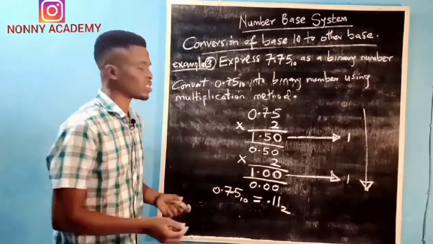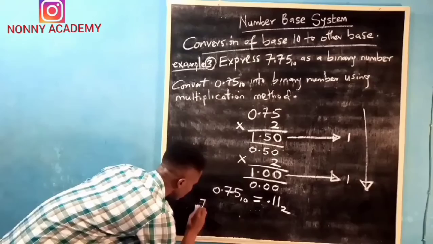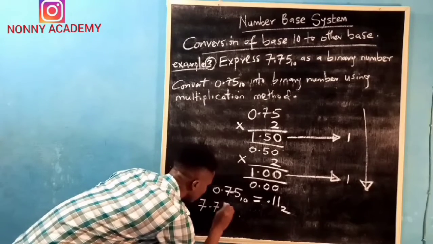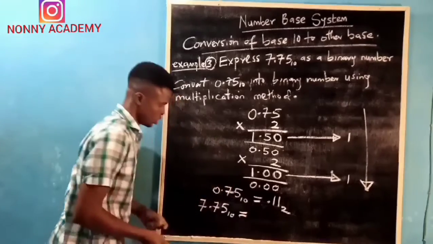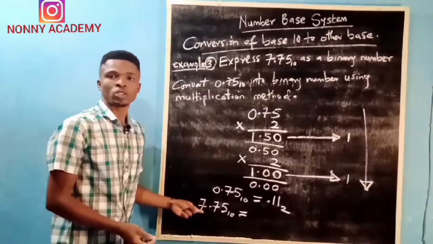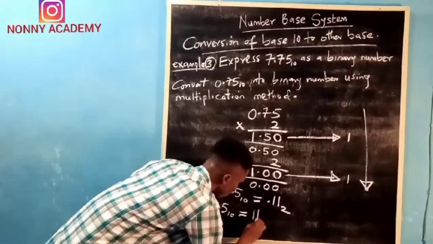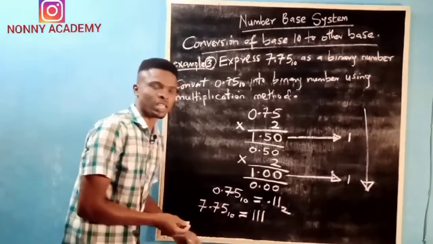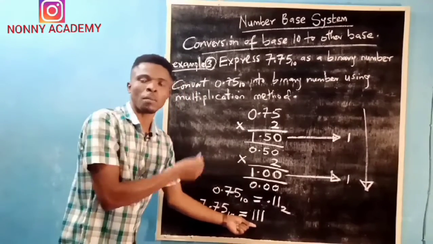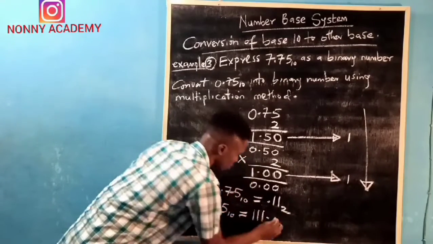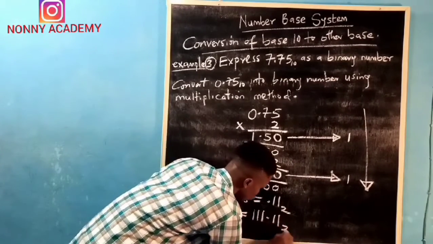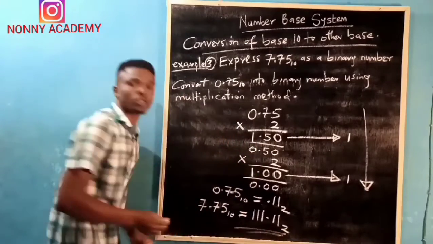Then my final answer will be 7.75 base 10 equal to, the first answer, which is for 7, 111. That is what I got for the division method. Then I now have the point, and I will merge it with 1, 1, base 2. So this is my final answer.